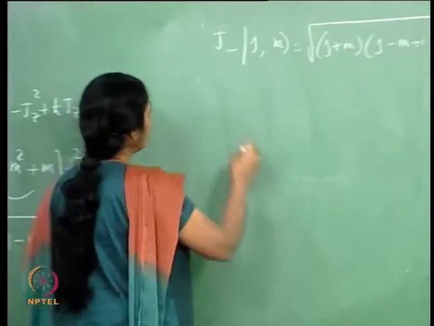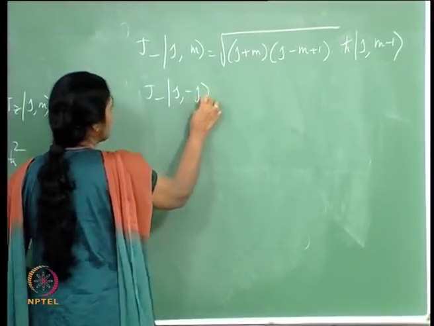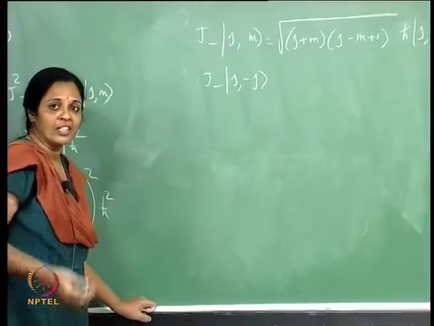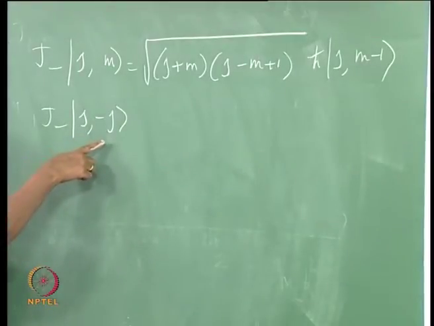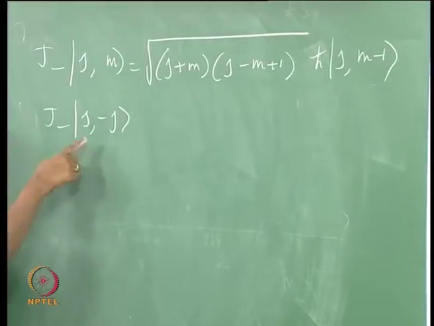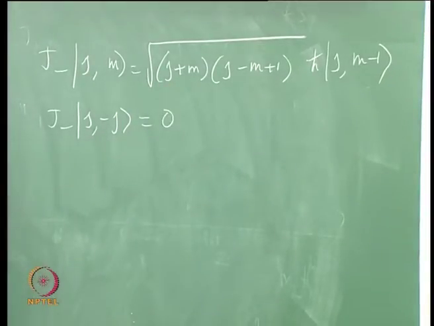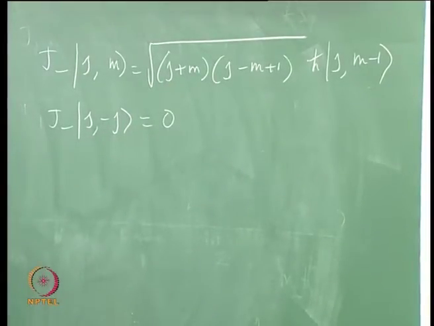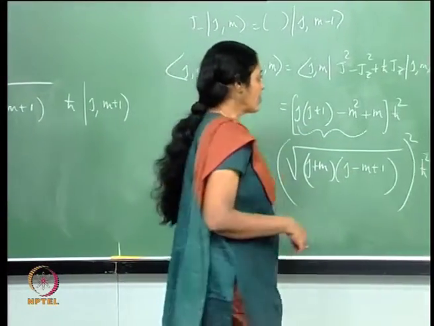Once more, it is clear that when J₋ acts on the state |j,−j⟩, that is the lowest value that m can take, I referred to this as m subscript minus earlier on when I did the derivation, this object is automatically 0 because J₋ on it gives 0. That is what I want. There is a lower bound, and J₋ acting on that state gives me 0.